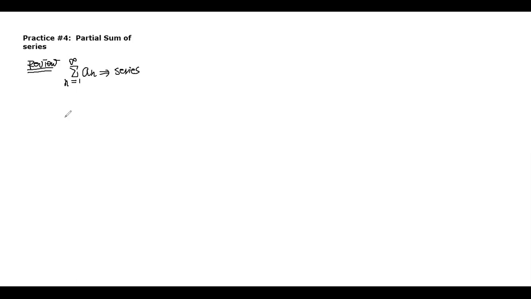If I only add up, say, 2 terms, so I have a_k where k is from 1 to 2, then what I have here we call the partial sum of 2. So S2 is the partial sum of 2.